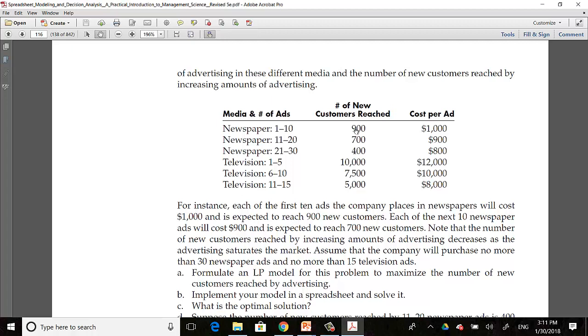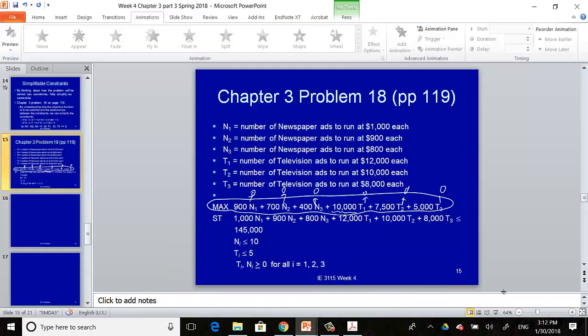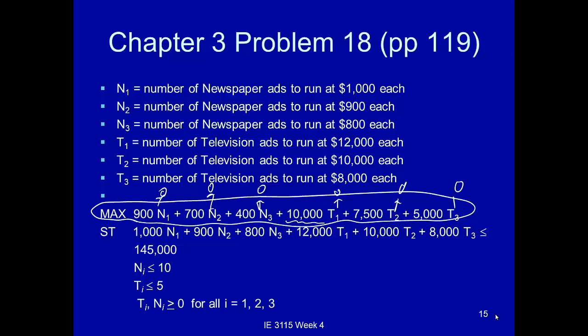So I'm very glad you are thinking about the relationship. N2 should not go positive unless you fill the first group. You buy the first 10, and then you go to the second. In this specific problem, the budget constraint is the only constraint.